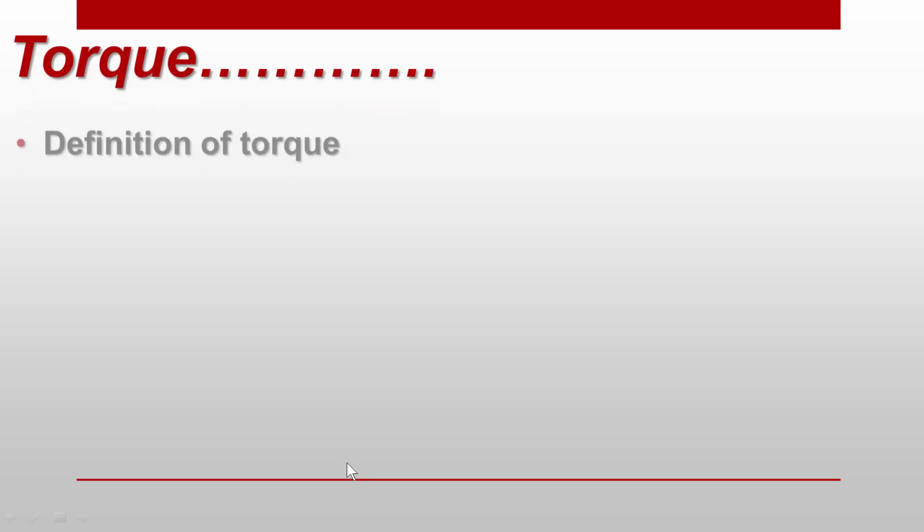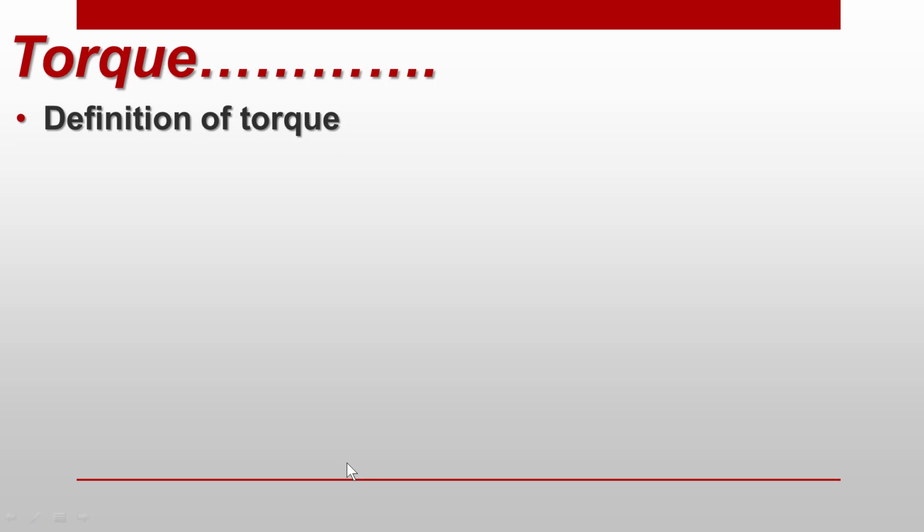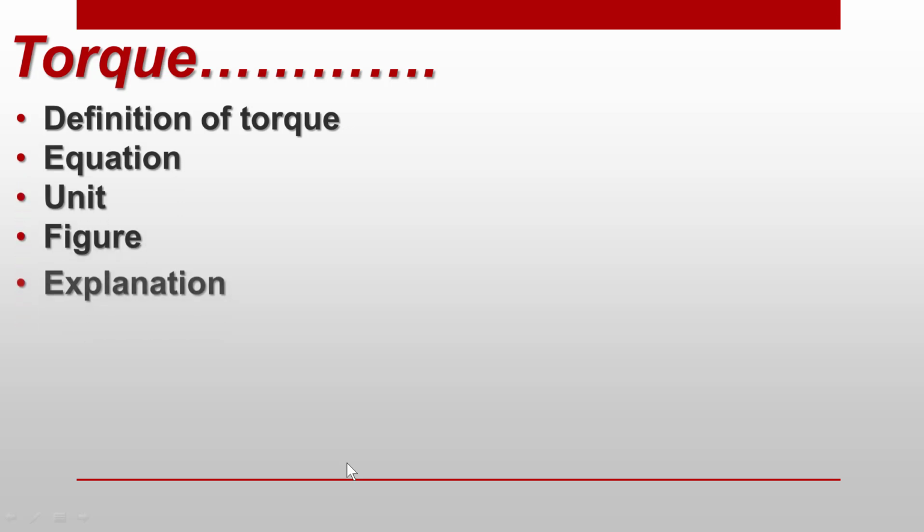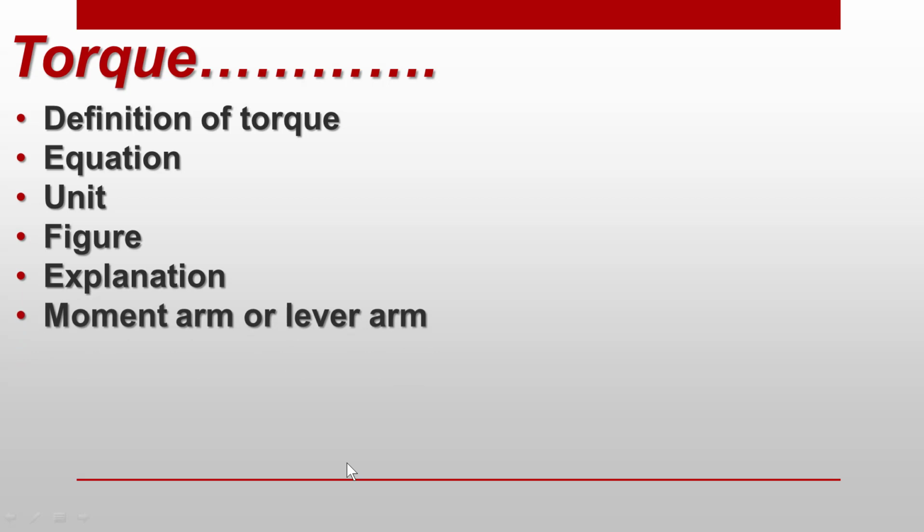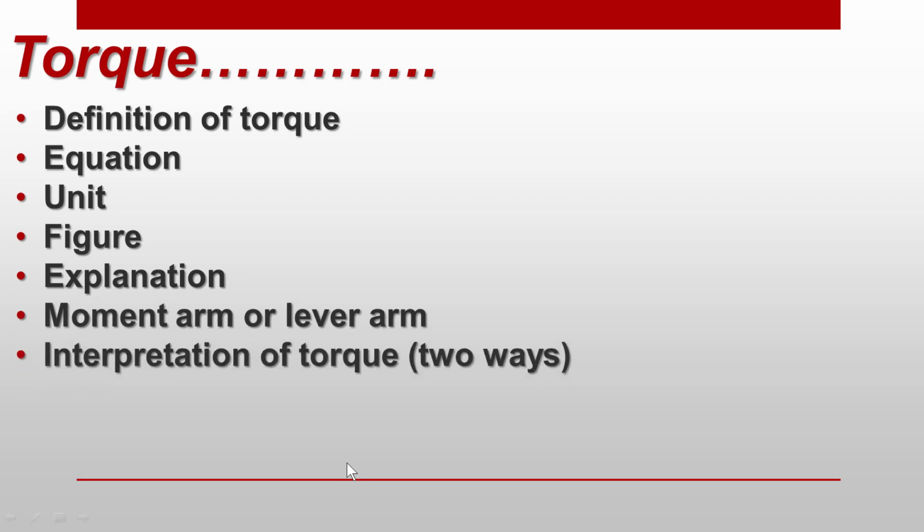If you are going to write torque as a long question, there is a layout you can follow. First write the definition of torque, then the equation, unit of torque, figure, explanation, moment arm or lever arm, and interpretation of torque, with the two different ways we have discussed, resolving the force and drawing the moment arm.